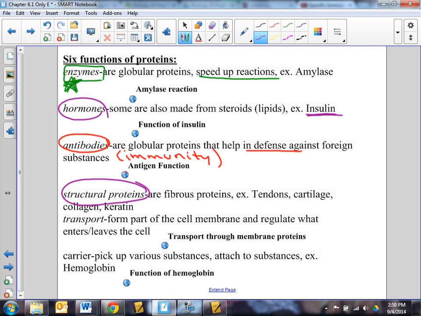Another function, and in fact the last two functions of proteins are actually quite similar. They're both talking about transportation, but it's in two different locations. Proteins can act as transporters through the cell membrane. So that would be one place where proteins facilitate transport.